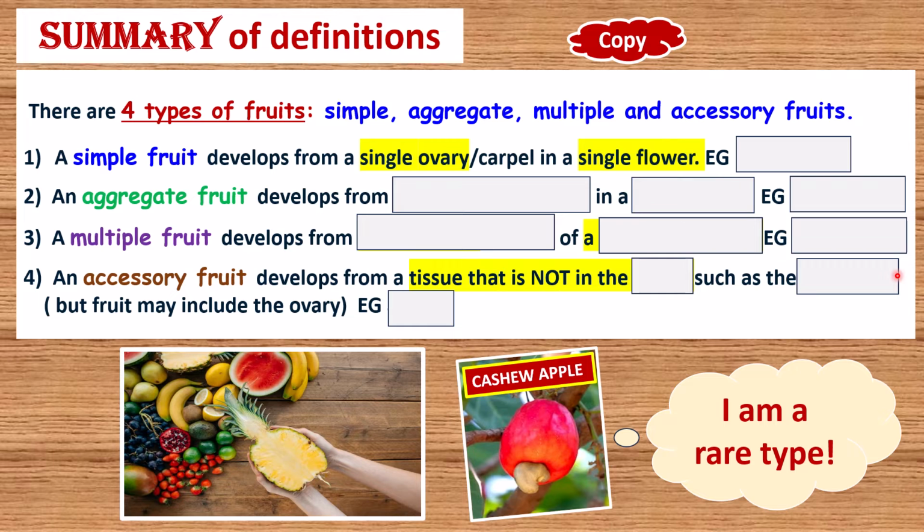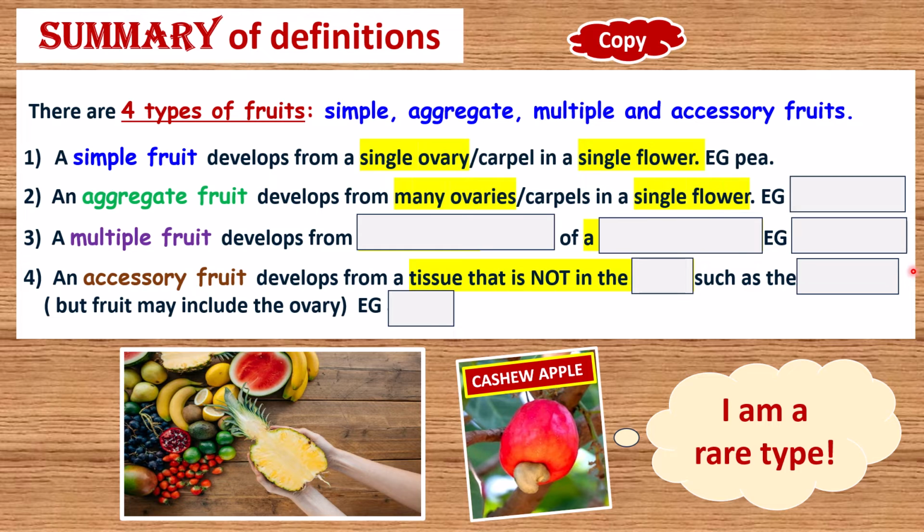An example is the pea fruit. Secondly, an aggregate fruit develops from how many ovaries? Many or numerous ovaries and carpels found within a single flower. An example is raspberry.